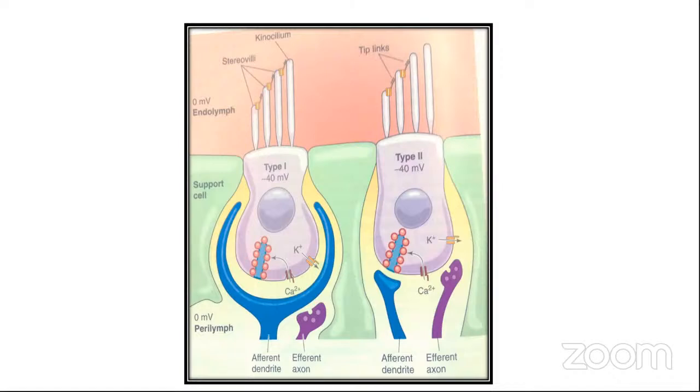The hair cells, as you know, are in contact with the afferent dendrite of the vestibulocochlear nerve fiber. Also you can see the efferent axon adjacent to the dendrite. And the base of the hair cell is in contact with the perilymph.